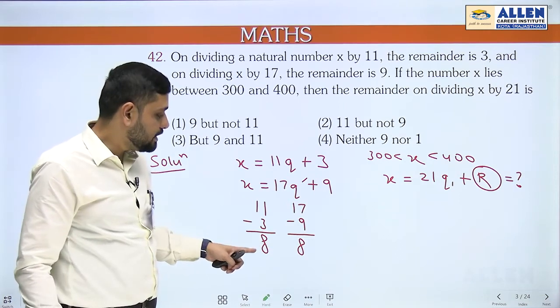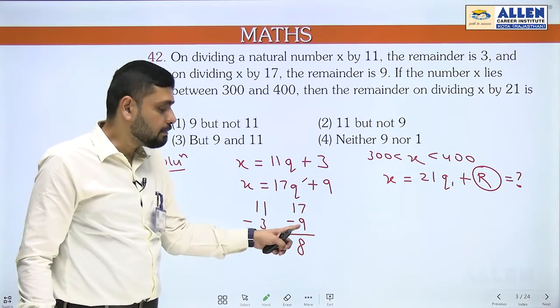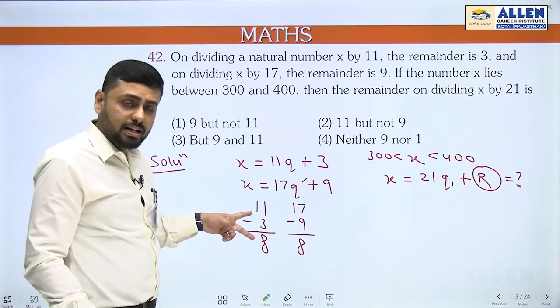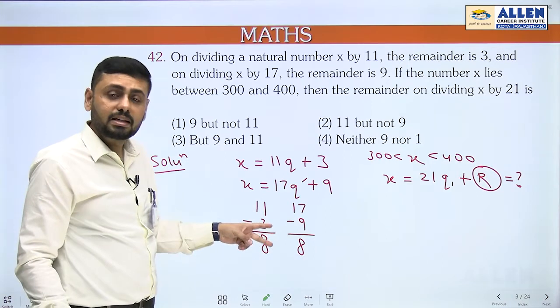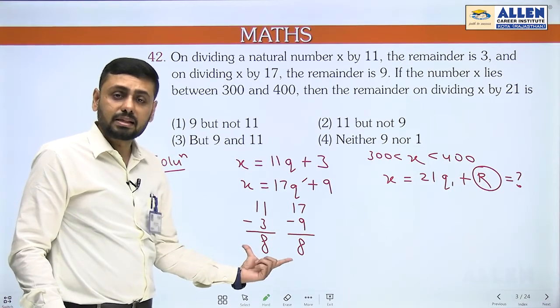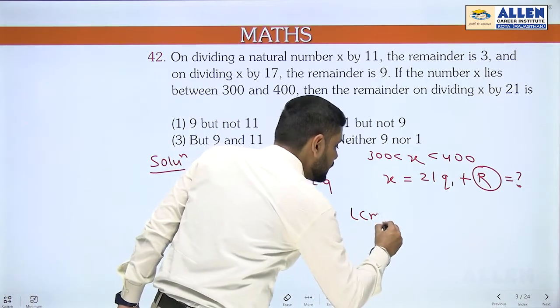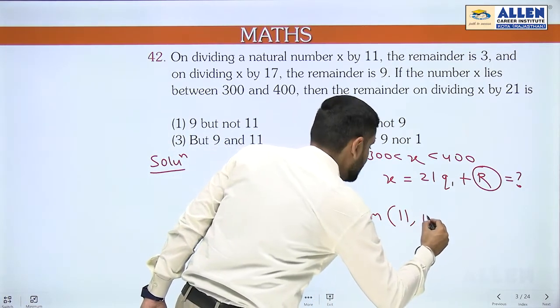That is 11 minus 3 is 8, and 17 minus 9 is again 8. It means the difference of divisor and remainder is the same, so we can apply the concept: we need to take the LCM of 11 and 17 first.